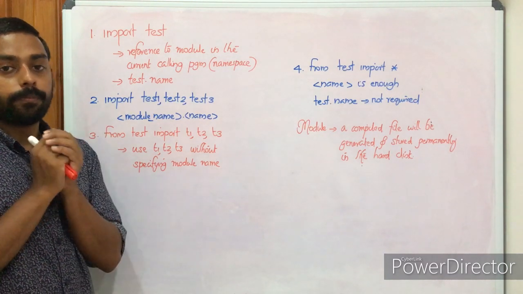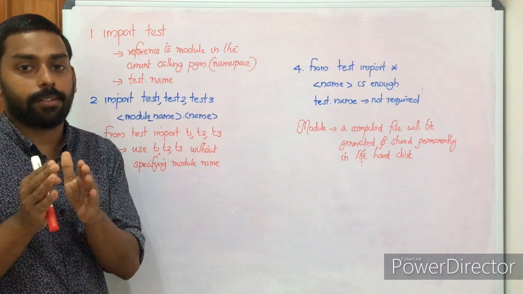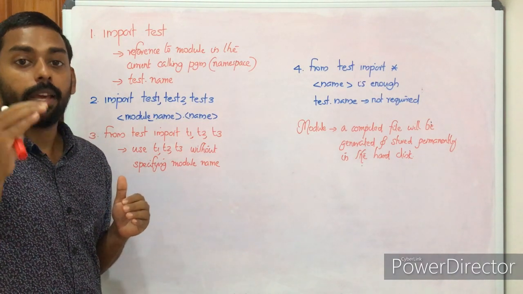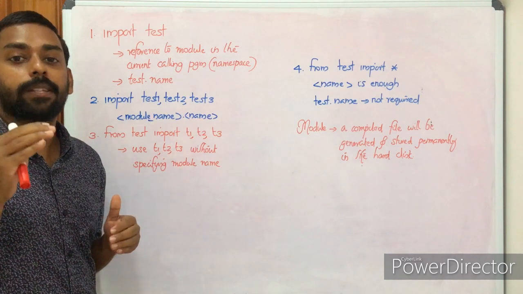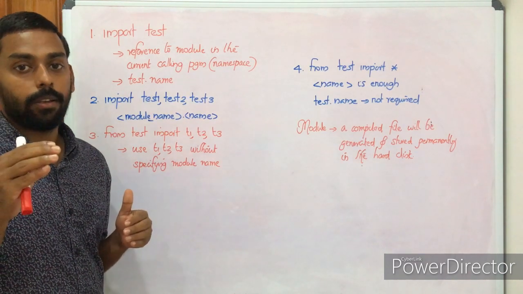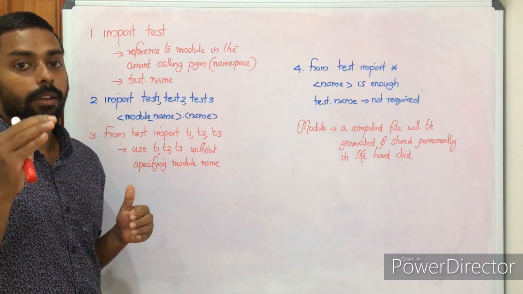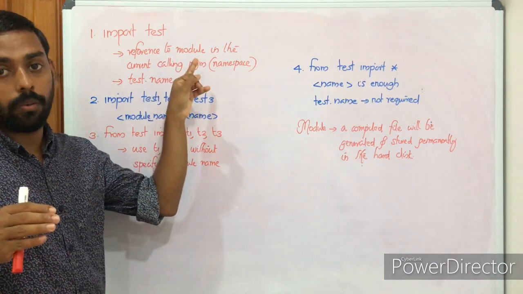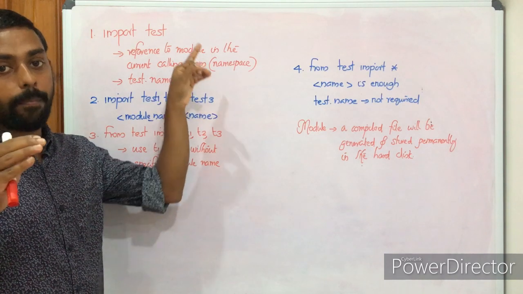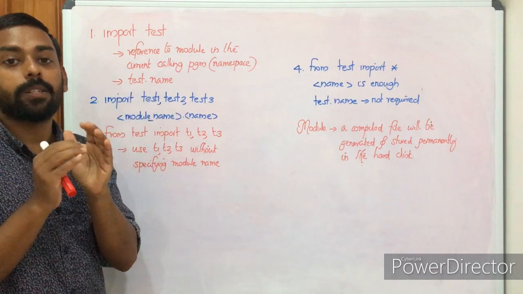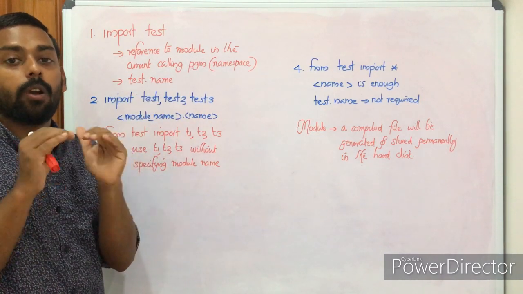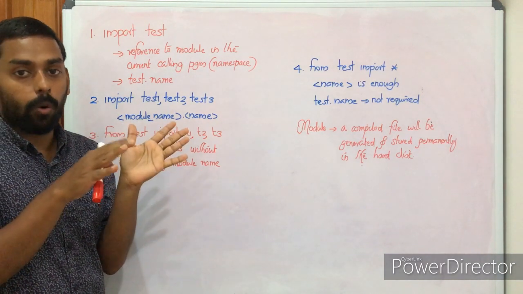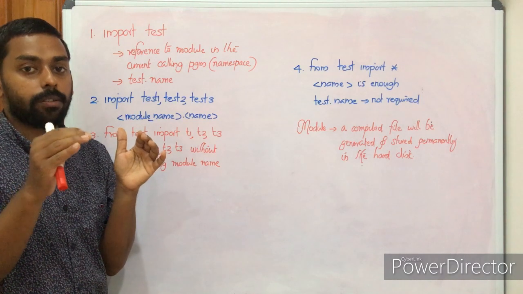Applying import test, a reference to the attributes present in the module test will be created in the current working or calling program, that is the namespace, and using test.name you can call the attributes or functions in test.